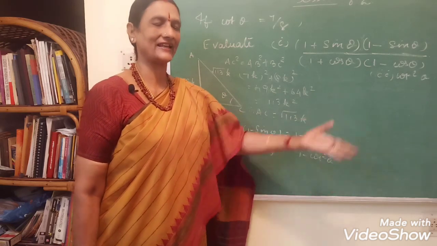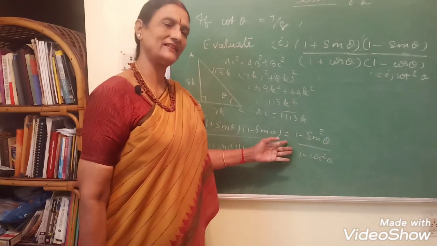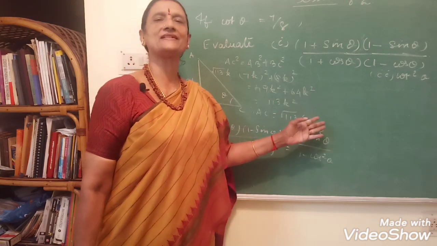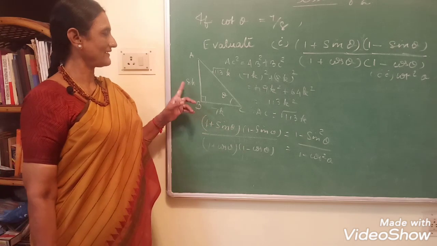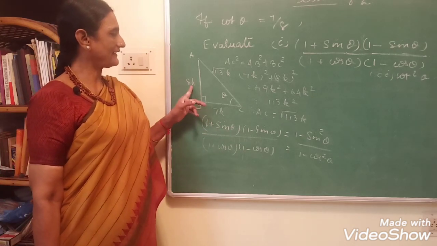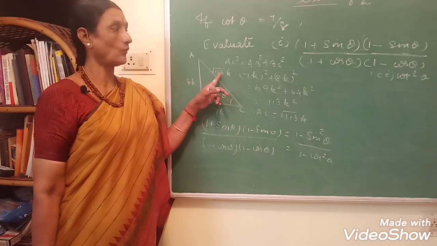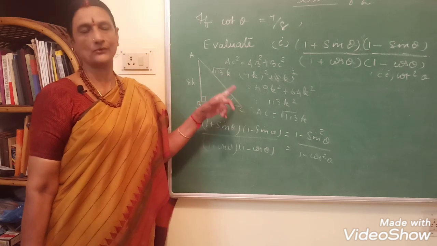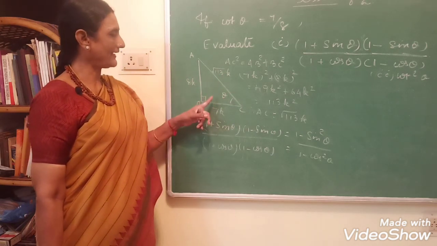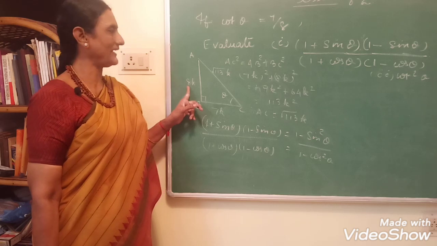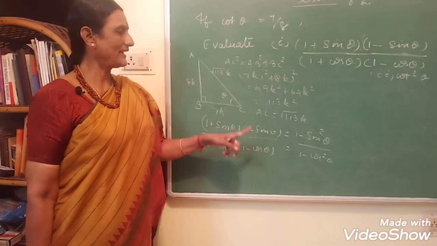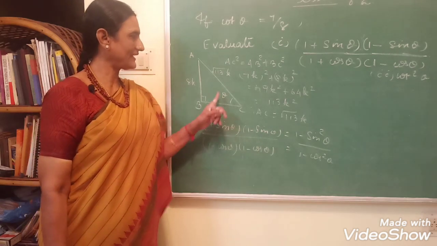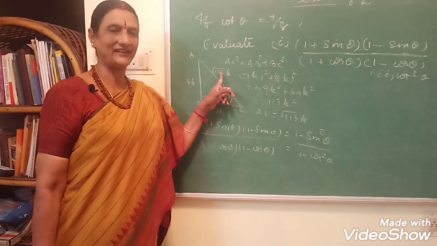Now here for 1 minus sin square theta, we can use the identities. So that is the second method. The first method will be using the fundamental properties. So 1 minus sin square theta is what? 1 minus (8k divided by square root 113 k) the whole square. If you square it, here it becomes 64k square, here 113k square. Similarly, cos theta is 7k divided by square root 113 k.